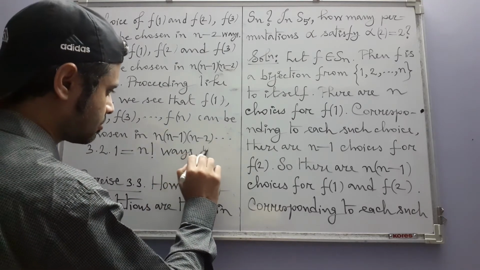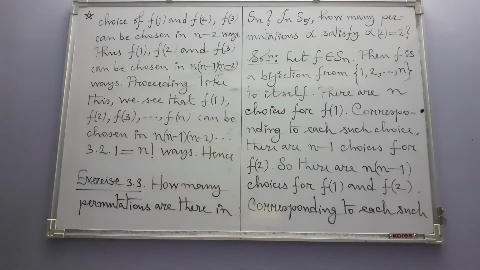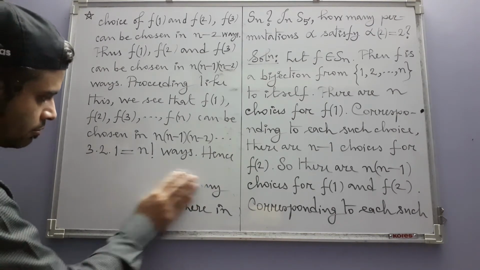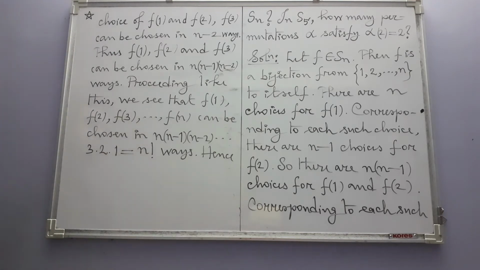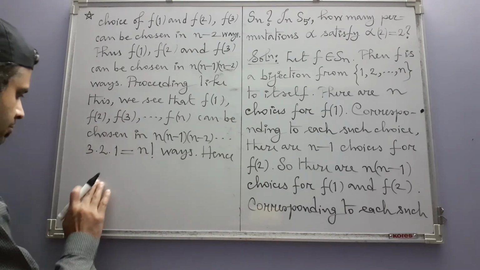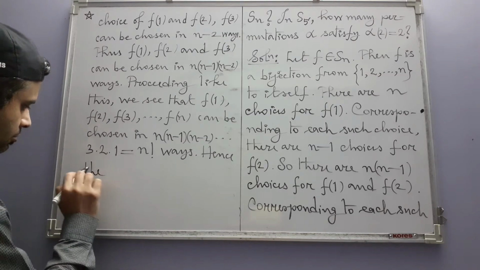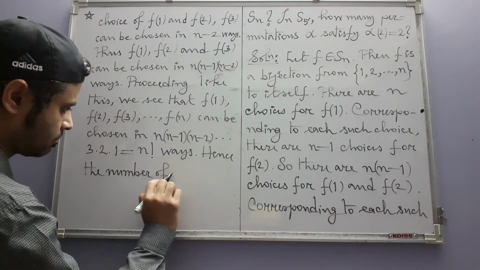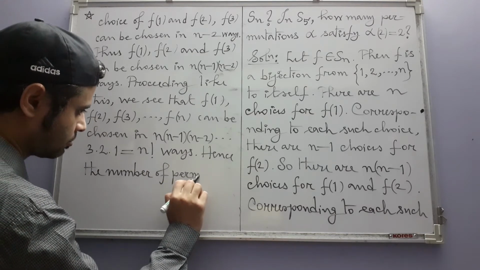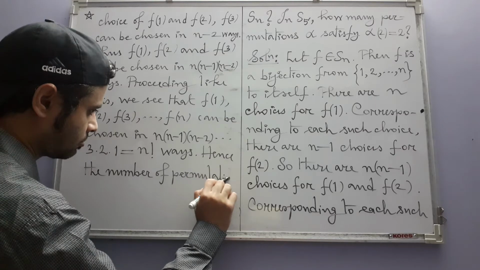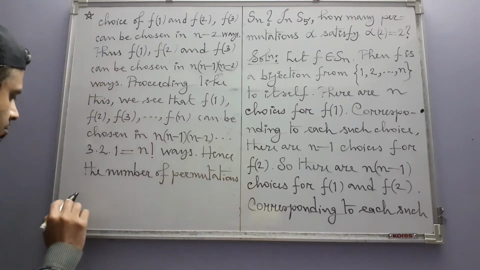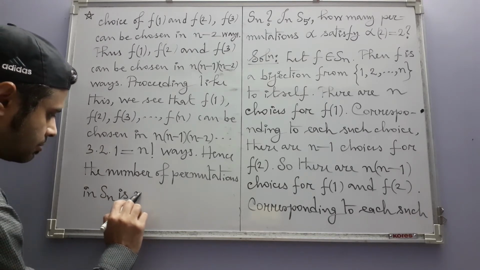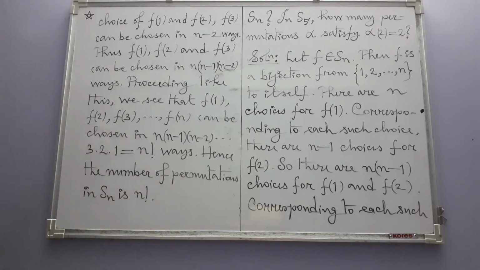Hence the number of permutations in Sn is n factorial.